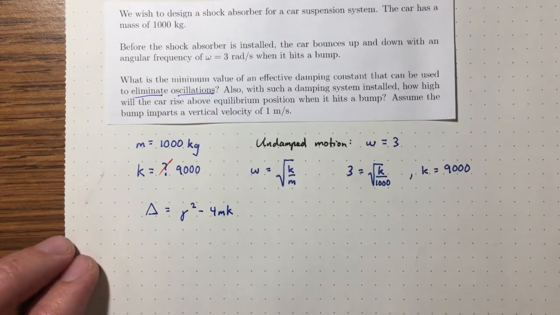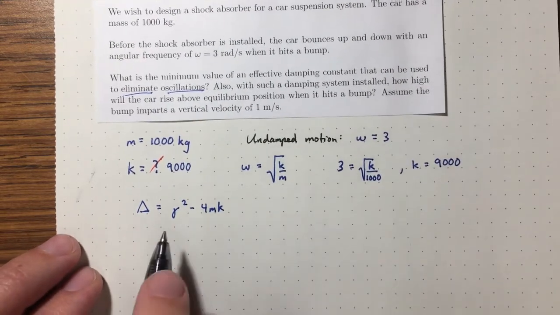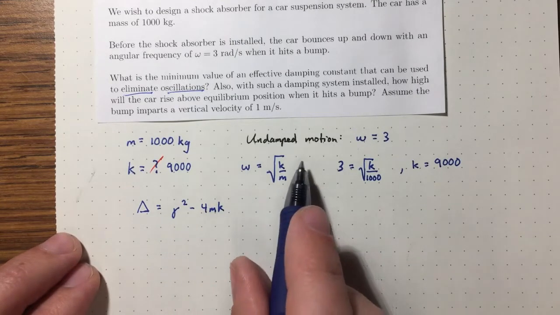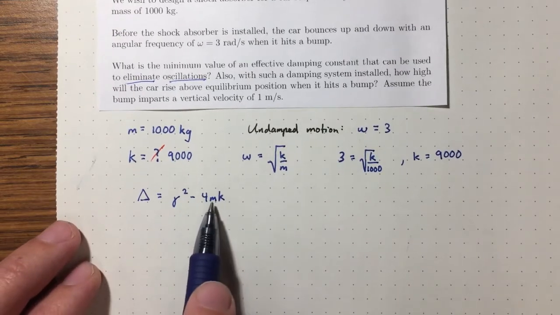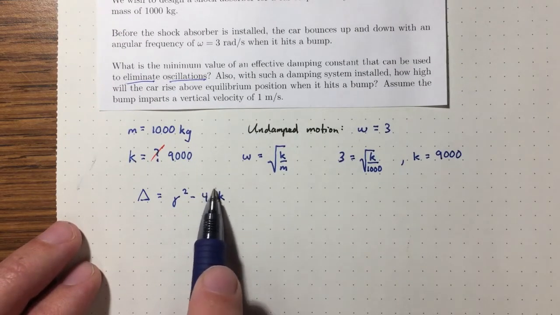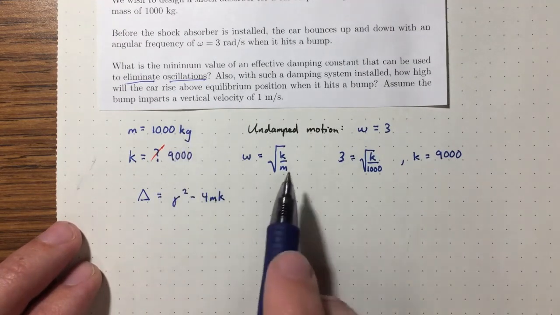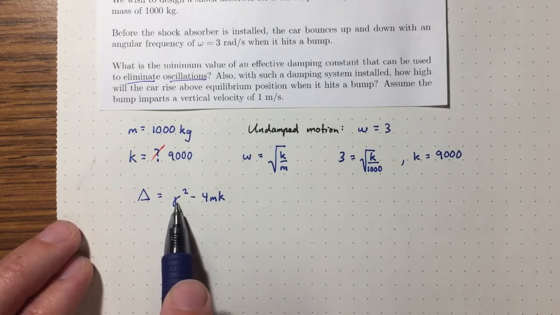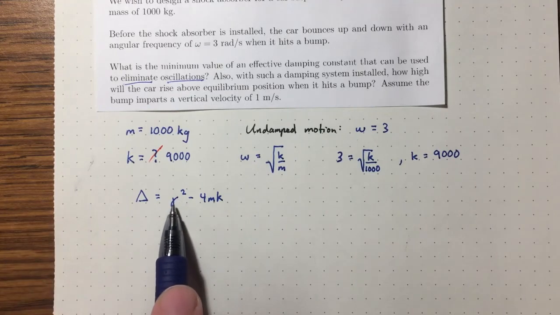Here's what I want you to imagine. Imagine that gamma is initially 0, because we have undamped motion, and this number is very large, in fact. Now imagine that we're increasing gamma from 0.